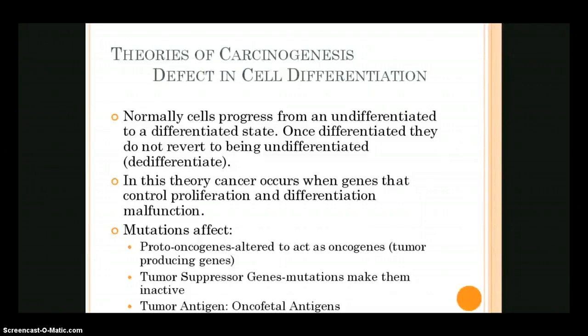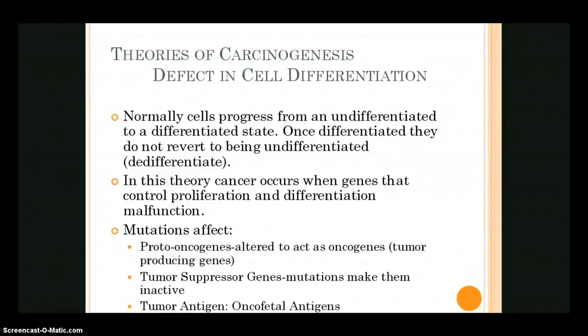That normal cell that became a skin cell is going to be locked into being a skin cell. But with this defect in cell differentiation, that lock is broken. So even though that cell became maybe a skin cell, this break in the cell differentiation and the creation of these oncofetal antigens lets that cell become undifferentiated again, okay?